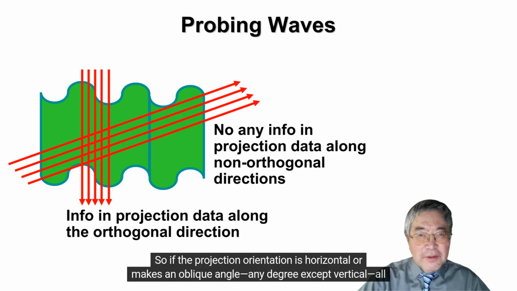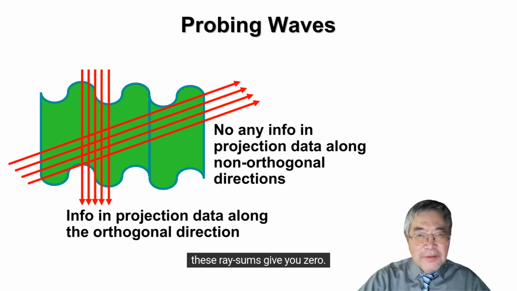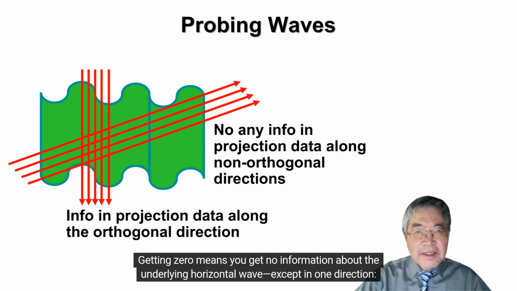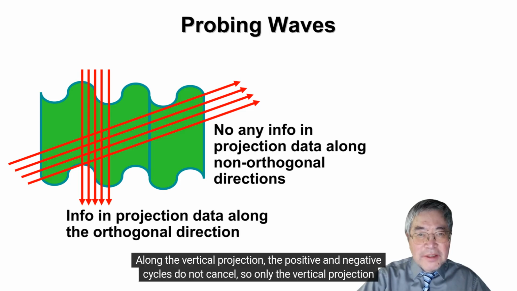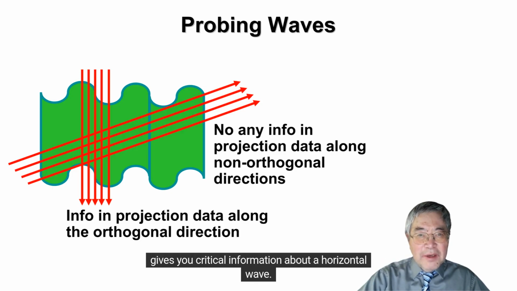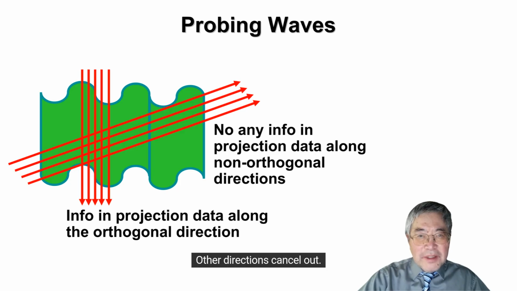So if the projection orientation is horizontal or makes an oblique angle, any degree except vertical, all these ray sums give you 0. Getting 0 means you get no information about the underlying horizontal wave except in one direction, the vertical direction. Along the vertical projection, the positive and negative cycles do not cancel, so only the vertical projection gives you critical information about a horizontal wave. Other directions cancel out.